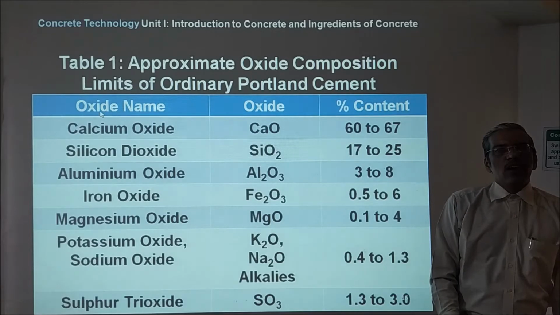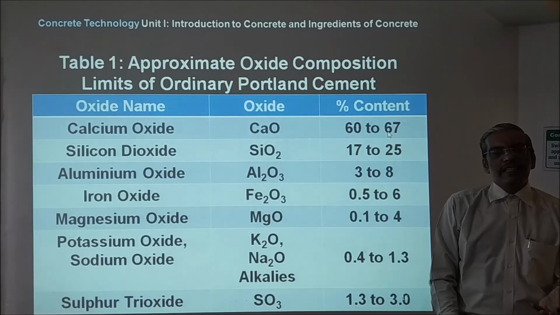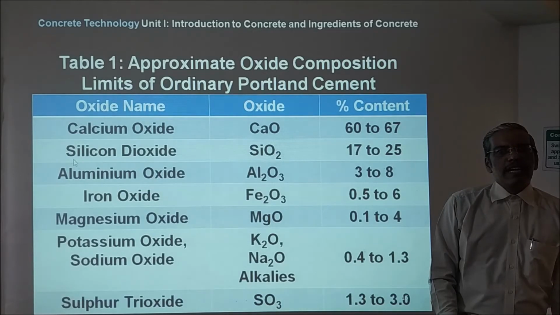Oxide name, the oxide and percentage content are given. The oxide name is calcium oxide, designated as CaO, and 60 to 67% is the content in the cement. Next is silicon dioxide, designated as SiO2. Normally 17 to 25% content is there in the cement.